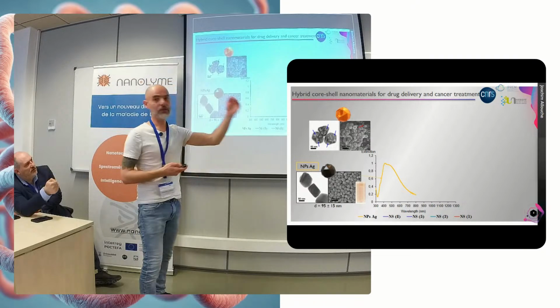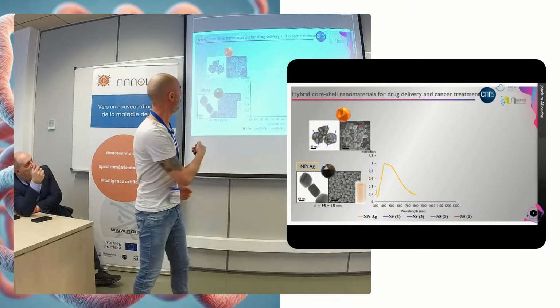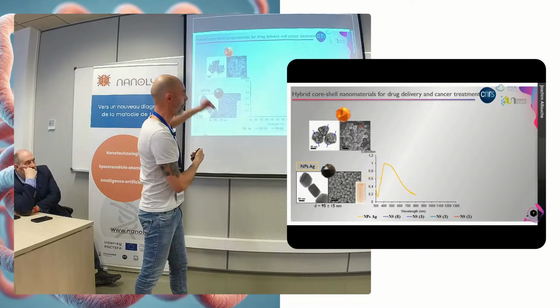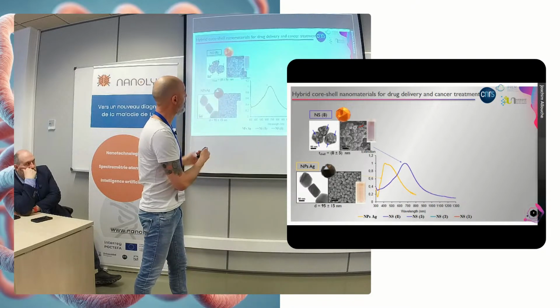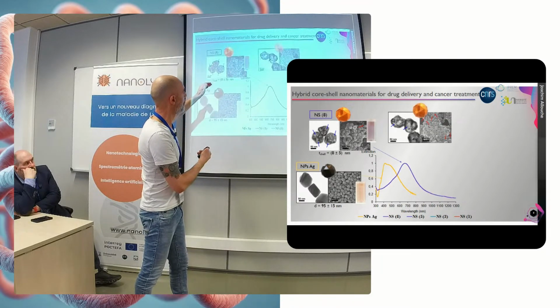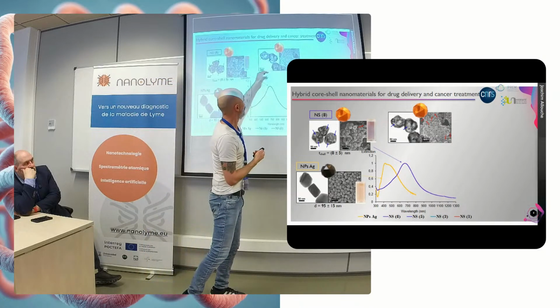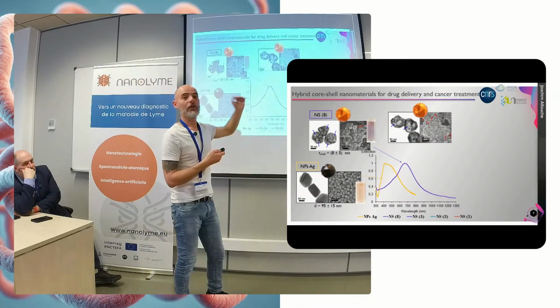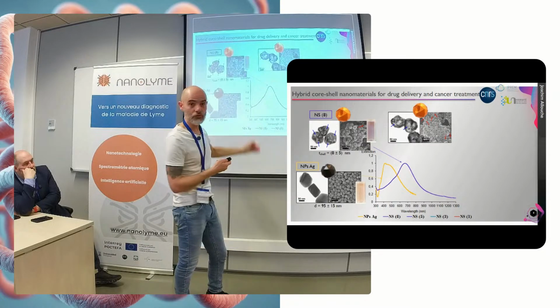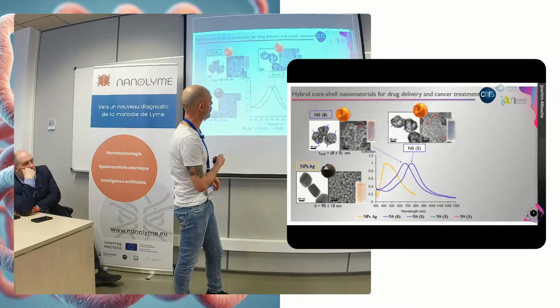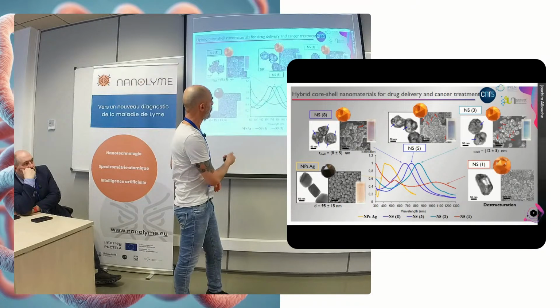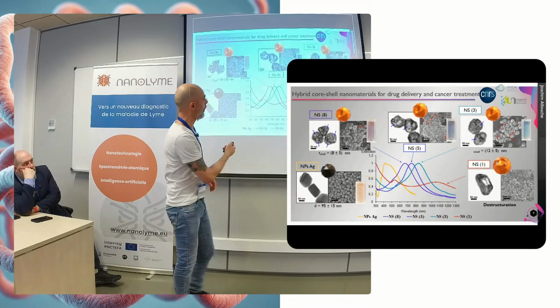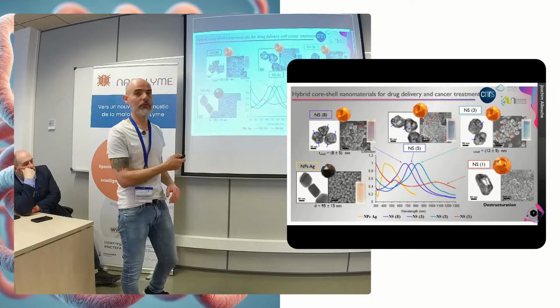Depending on the amount of gold that we add, we change the structuration of the nanoparticles. We open an increasing hollow structure within the particles, and we displace the optical properties of the particles.